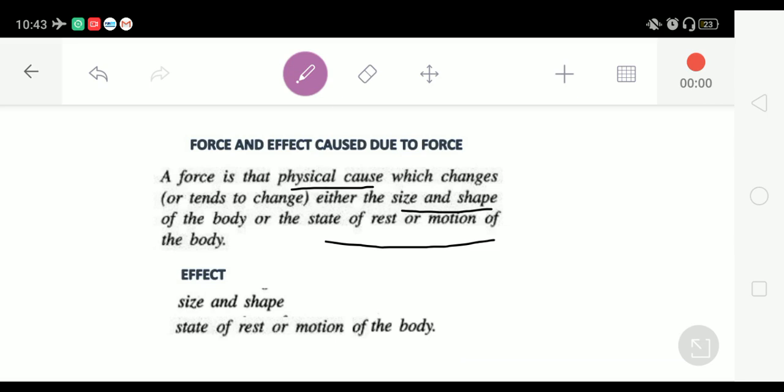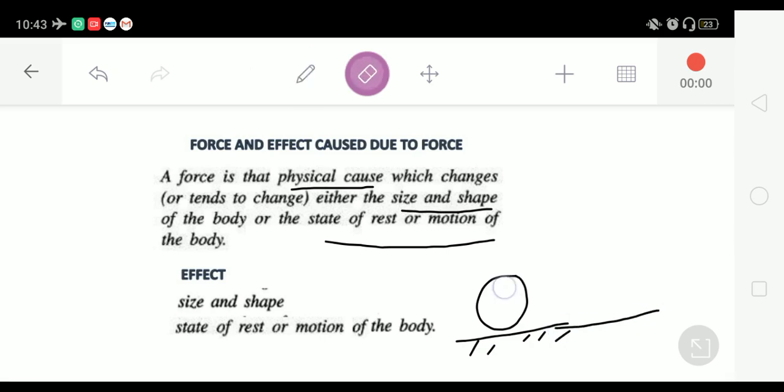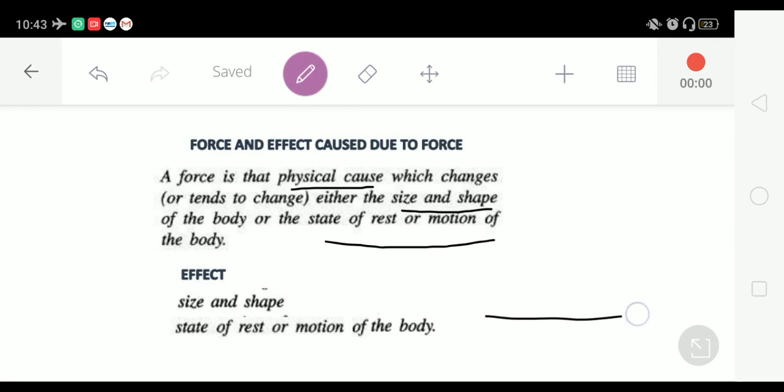That means, if there is a small ball lying on a particular surface, and it changes its position with respect to time, it moves to another position, from A to B. So the ball has changed its position from one point to another.